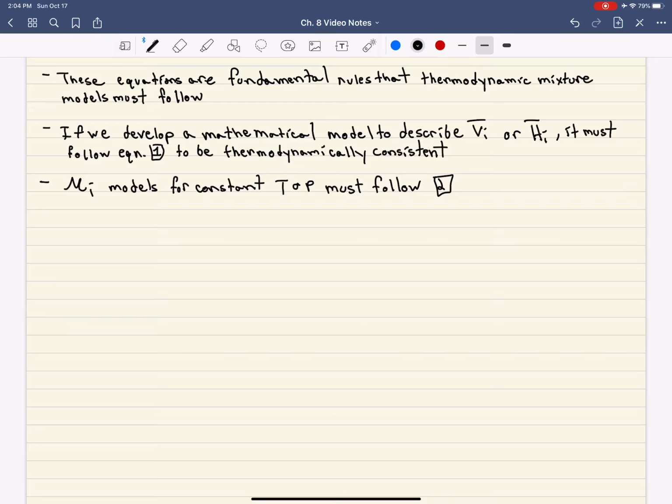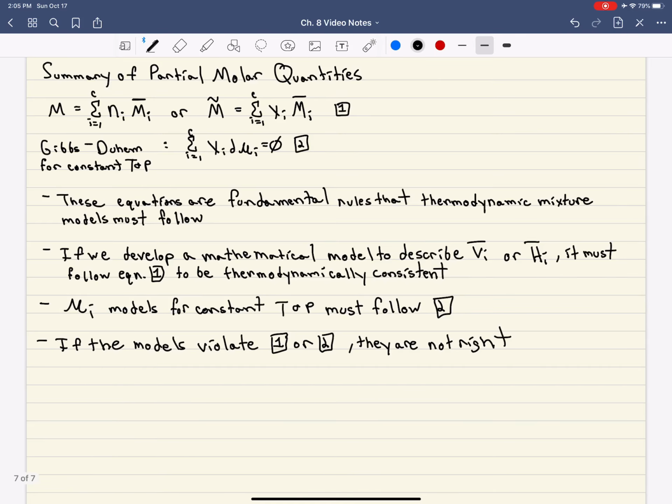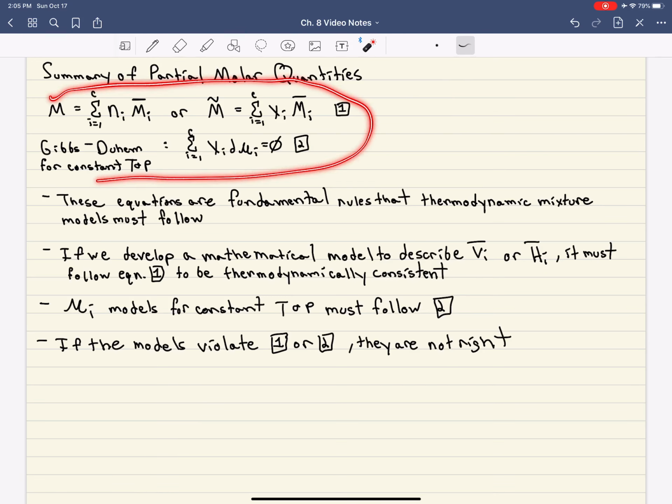Essentially, if you develop a model that violates equations 1 or 2, then that model is not right, and you can't believe any results that come out of it. That's the whole reason for why we went through those derivations. If we're going to evaluate different models for calculating or predicting our partial molar quantities, we need to make sure that these models follow these rules.